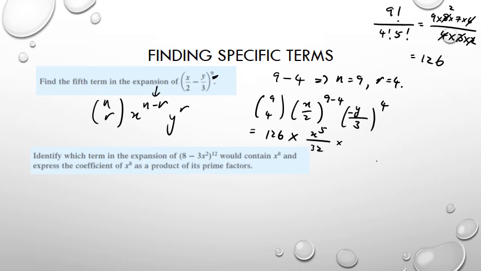times whatever 4, because with 2 to the power 4 the negative cancels, and 3 to the power 4 is 1.